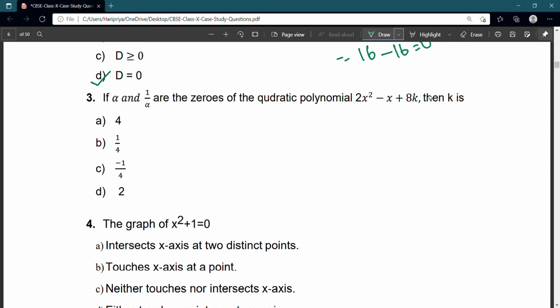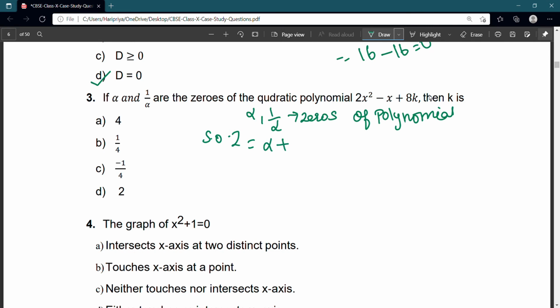So here alpha and 1 by alpha they have given as the zeros of the polynomial. First, the sum of zeros, that is alpha plus 1 by alpha, which we know is minus b by a.